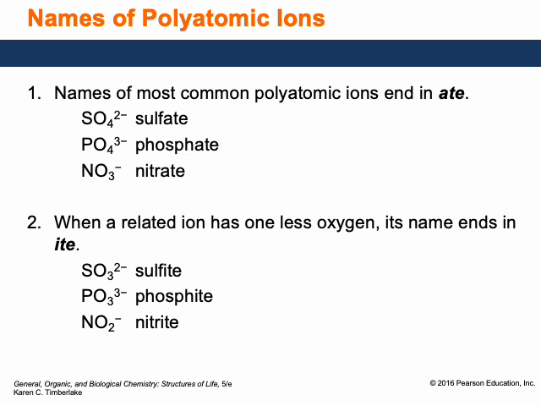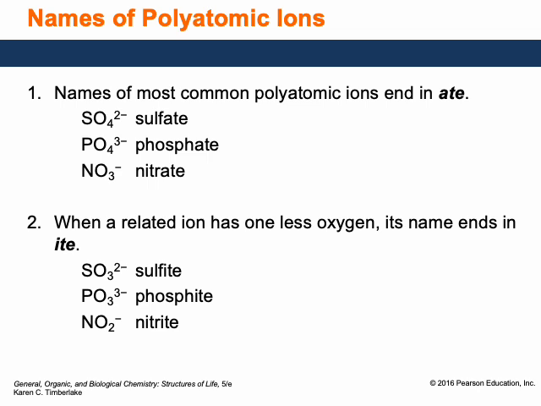For polyatomic ions like this, most of the time the naming follows a format where the one which has the higher number of oxygen atoms ends with -ate. The one which has fewer oxygen atoms ends with -ite.